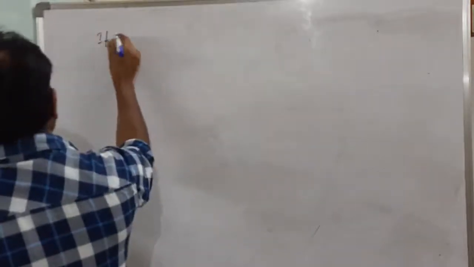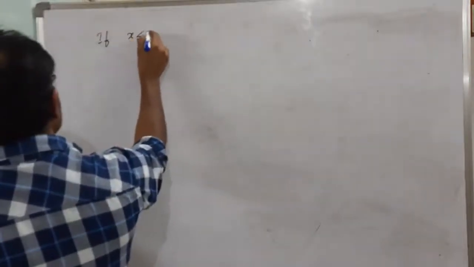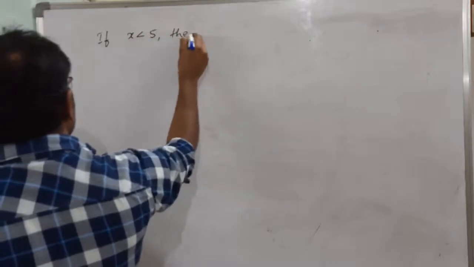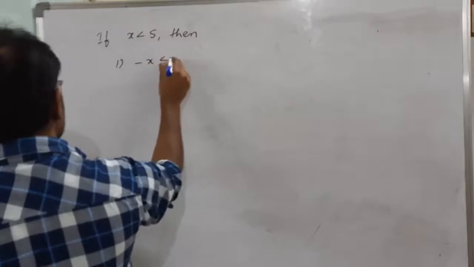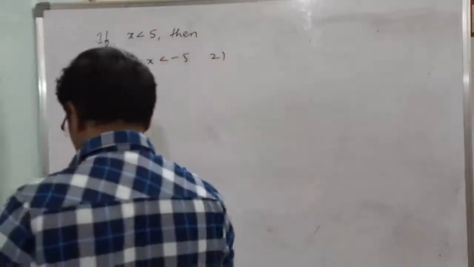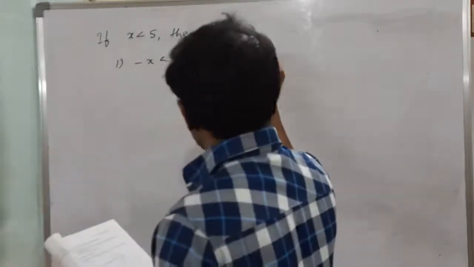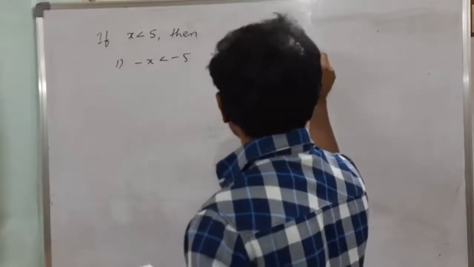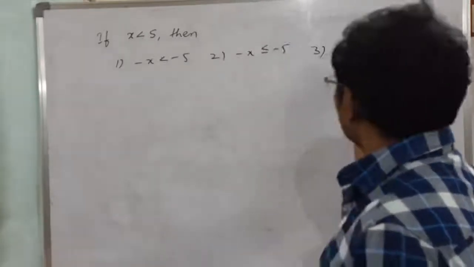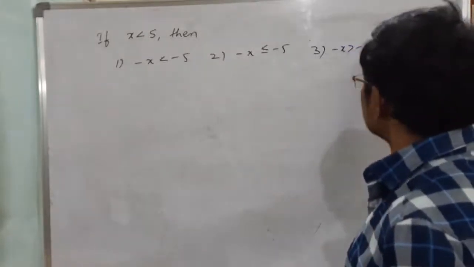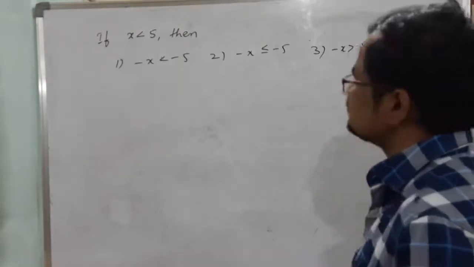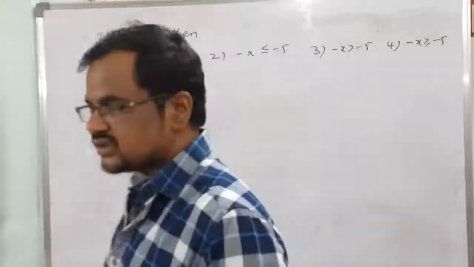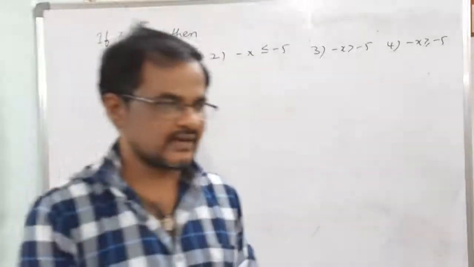If x less than 5, then first option minus x less than minus 5. Second one minus x less than or equal to minus 5. And third one minus x greater than minus 5. Fourth option is minus x greater than or equal to minus 5.